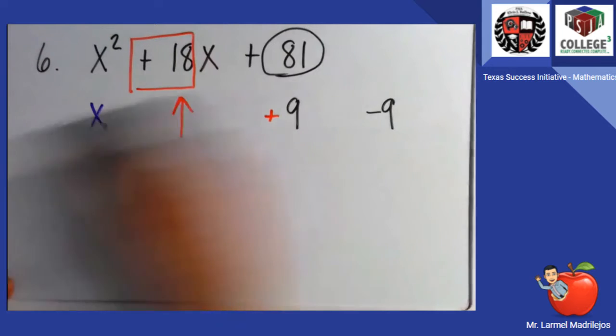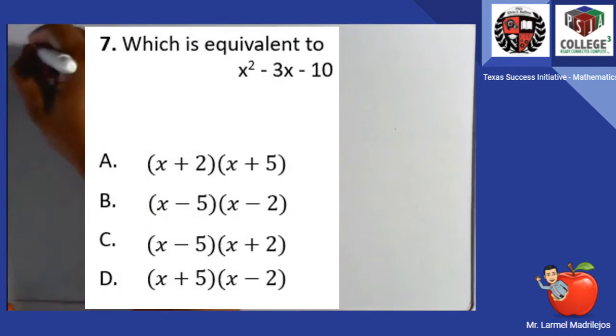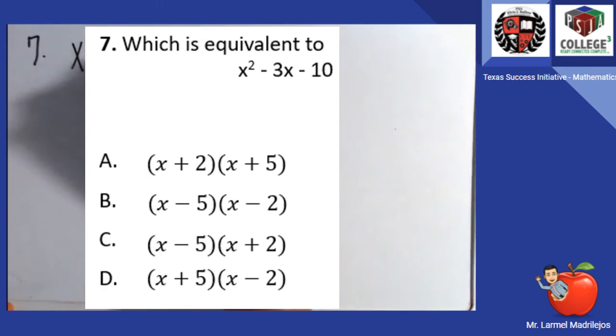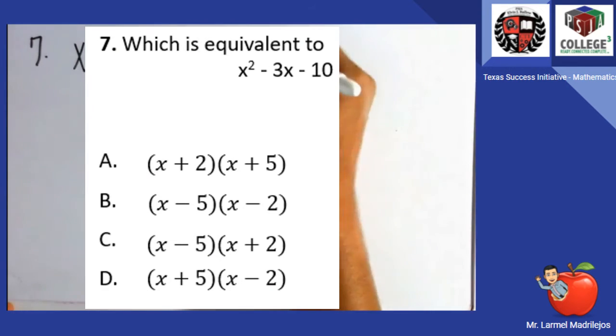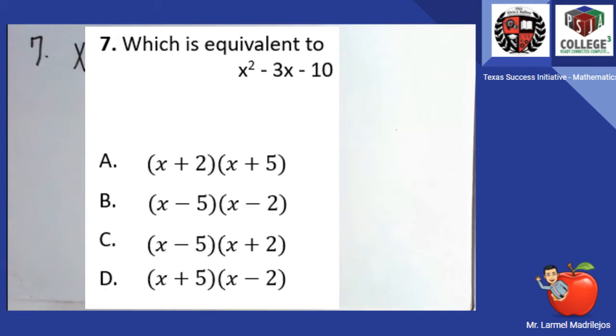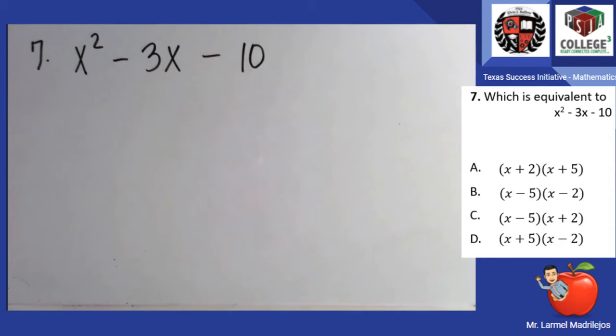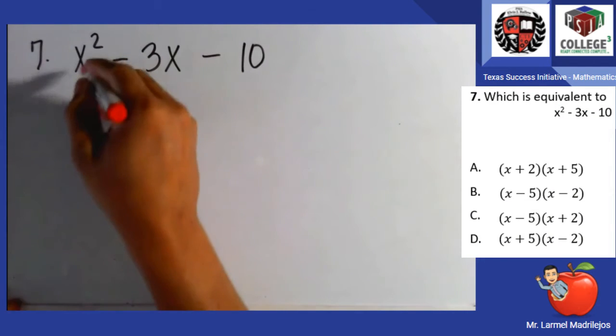Next, example number 7. Example number 7, it's x squared minus 3x minus 10. Okay, the same process we're going to do. We need to factor the x squared.